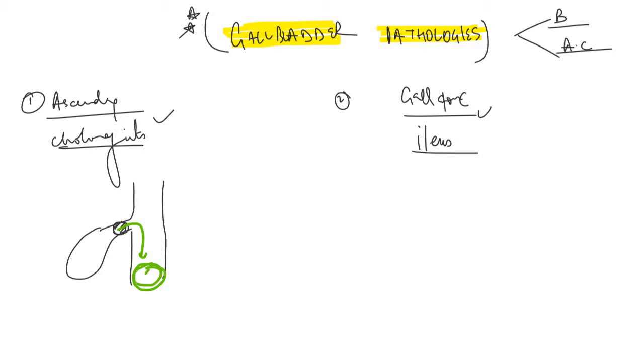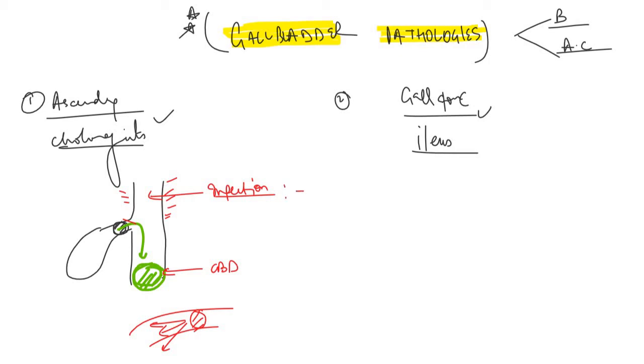As a result, there will be infection in the CBD, because whenever there is an obstruction, there is infection proximal to that obstruction, because there will be stagnancy in the fluid, and stagnancy is the number one factor that leads to infection.